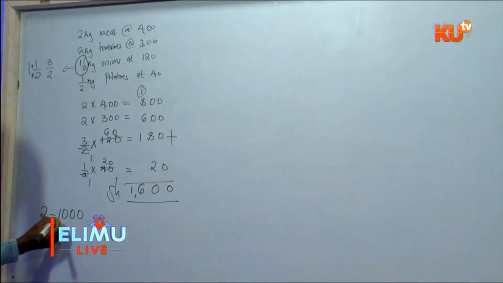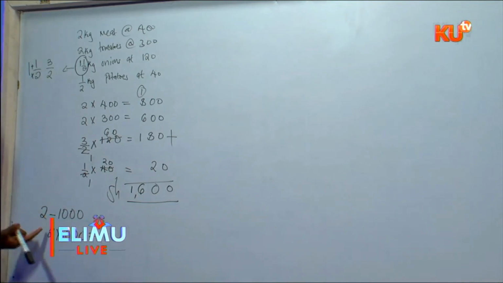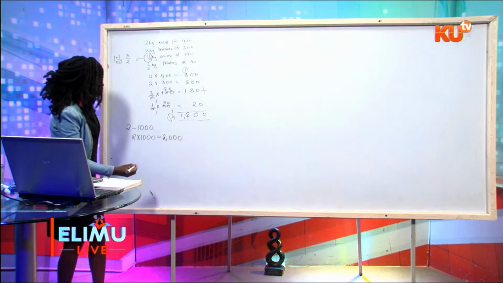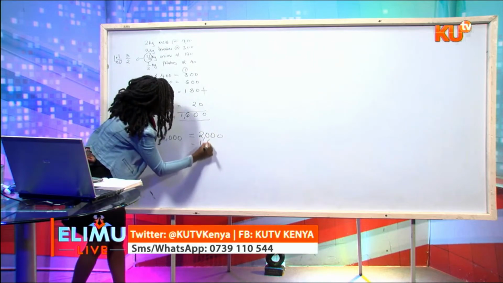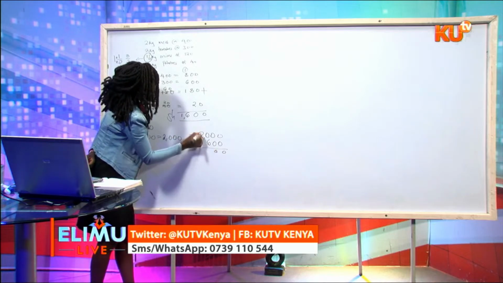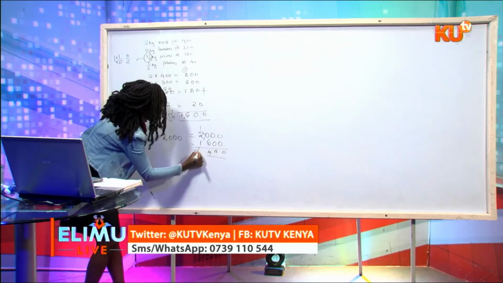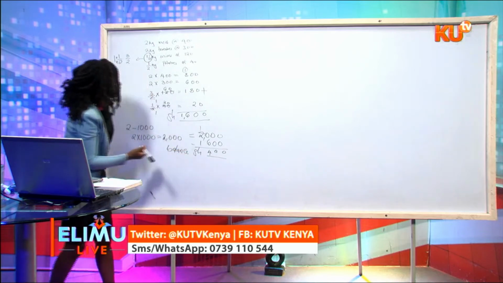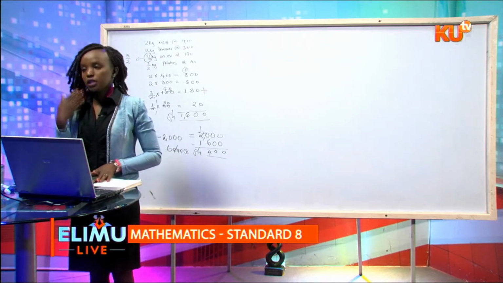So we're going to take 2 times 1,000 to get the total amount of money that Juma was given. 2 times 1,000, we get 2,000. 2,000 minus 1,600. So we borrow 1. 10 minus 6 is 4. So that means Juma got a balance of 400 shillings. So that was the balance that that person received.